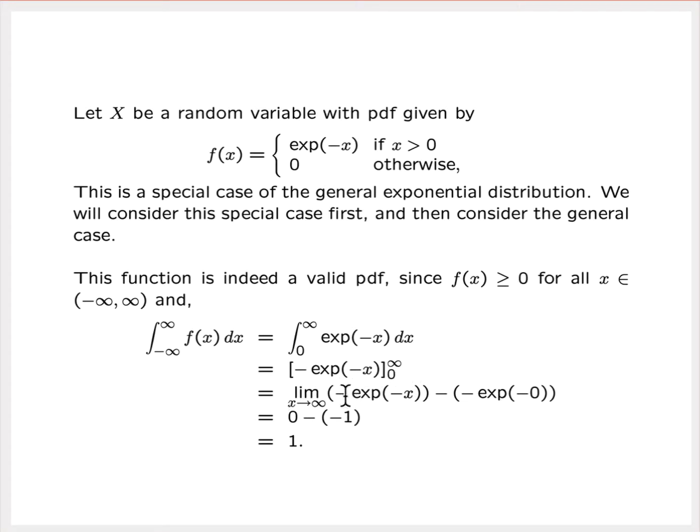So I've done that calculation in the next line here, and that evaluates to 1. All right, and so those two results then imply that this function f is indeed a valid PDF.